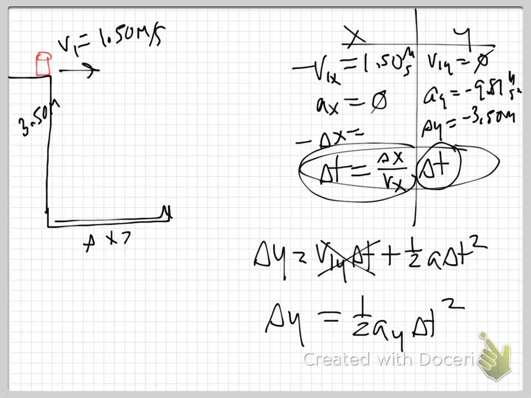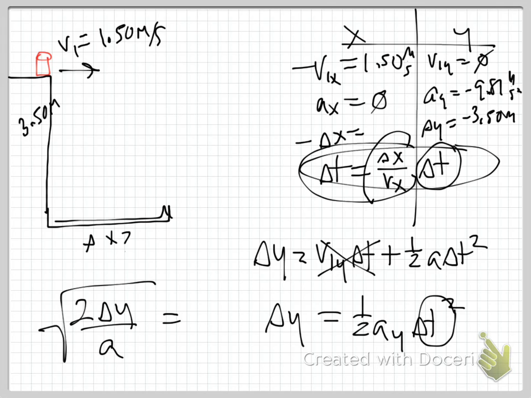Then you can solve this for t, which gives you the square root of 2 delta y over a equals delta t. You can put that in and set it equal to this, which is what a lot of you are doing, which is fine. Or what I typically do is I take this and plug it into there. You're just going in 2 different directions, but you need to see where those are coming from.